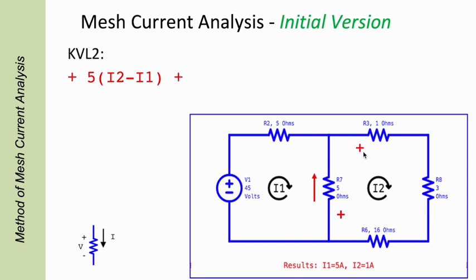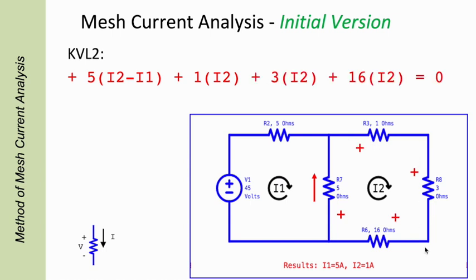Continuing around by passive sign, my current's going from left to right. So I put the plus sign to the left, and I then add in my next term. So I'm going to say plus 1 times I2. I2, the mesh current I2, is the true current through that resistor.